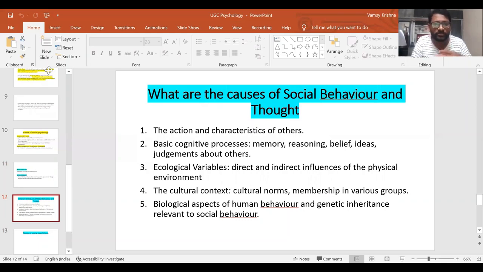Coming to what are the causes of social behavior and thought, for that matter? We are talking about man in relation with environment, right? B is a function of P and E, person and environment. So we need to discuss what causes social behavior and thought.